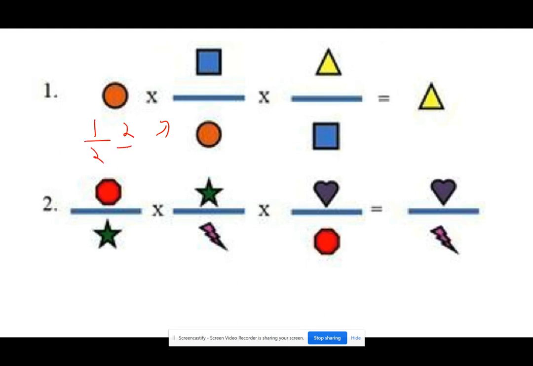It could be 2 over 4. These fractions can also represent units. So it could be 1 kilogram over 2 pounds. It could be 1 centimeter over 2 inches. So both numbers and units can go on the top and bottom of fractions, just like these shapes.